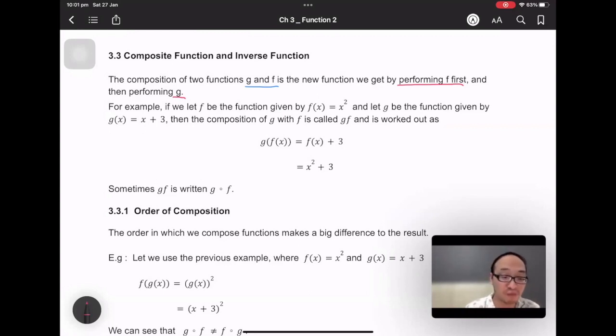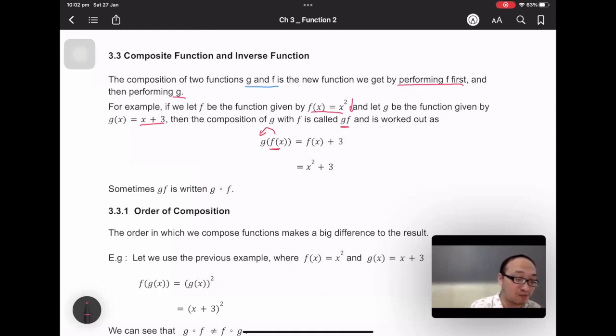So we put the last function first to replace the x of the other function. For example, if I have f(x) equals x squared and g(x) equals x plus 3, when I have gf, that means I have to start from f, and the f should be inputted into the x of g.